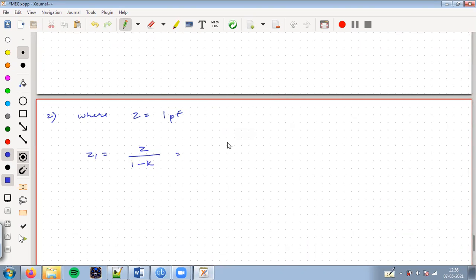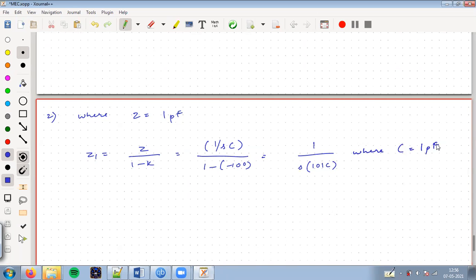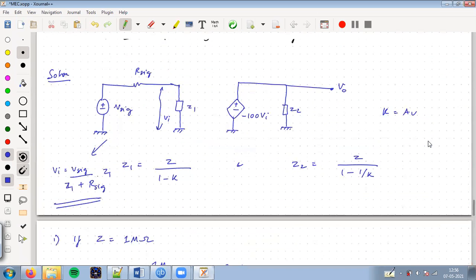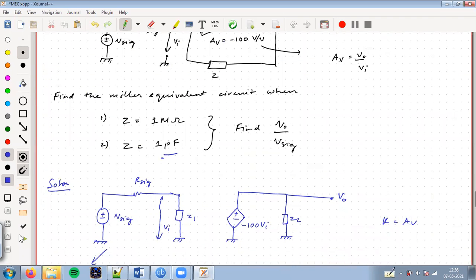So Z I will write as 1 by SC divided by 1 minus K. So 1 minus K is 1 minus of minus 100, so this will turn out to be 1 by S into 101C, where C is 1 picofarad. It is given in the question.